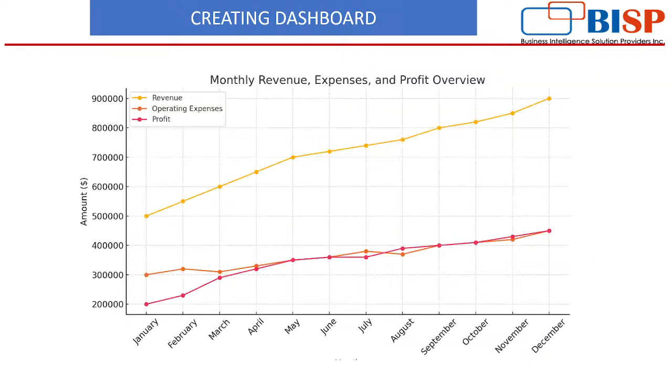Now the same data I have converted into a graphical representation. This type of data can be used for a variety of charts, graphs and grids. Here I have used a line graph.